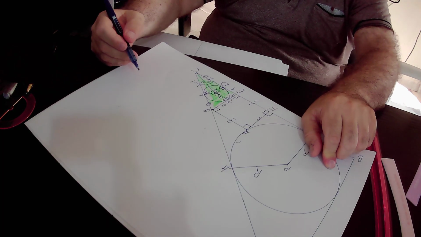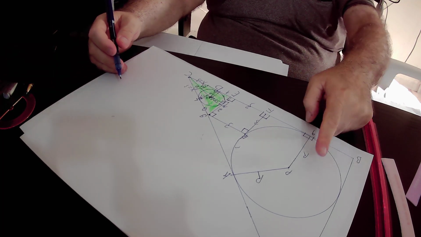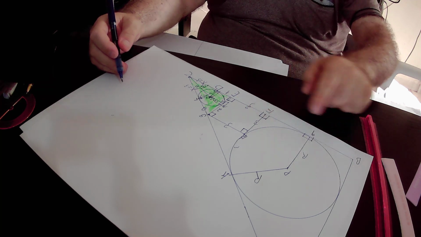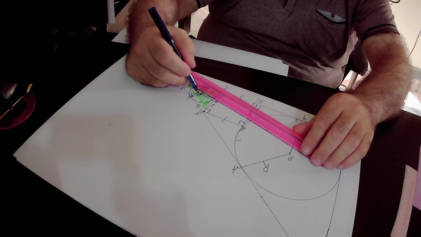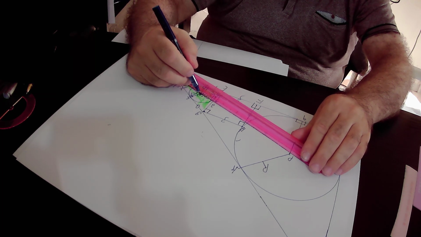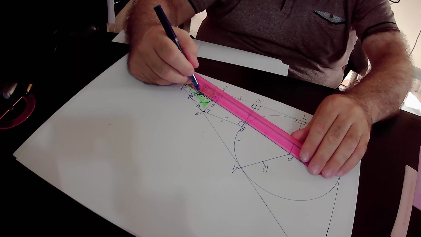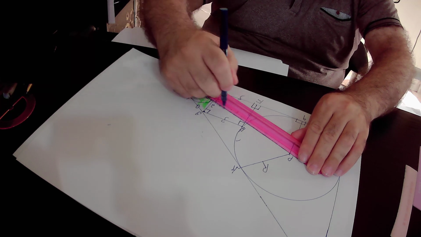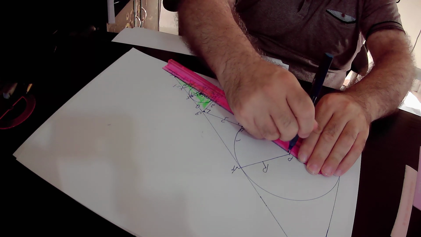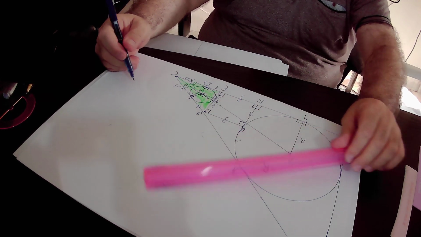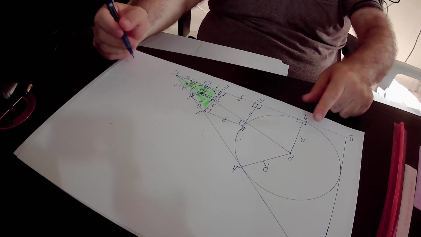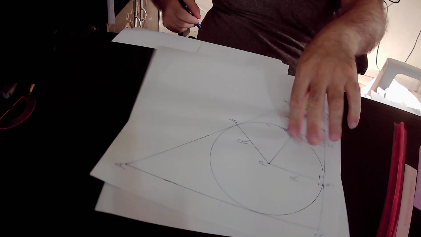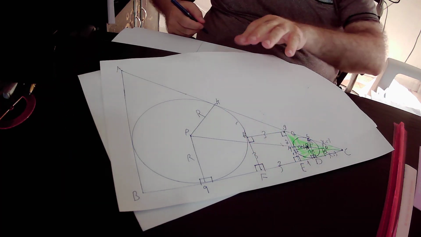In the next step, we join points P and C together by a straight line. By joining points C and P together by a straight line, we created here two big right triangles.